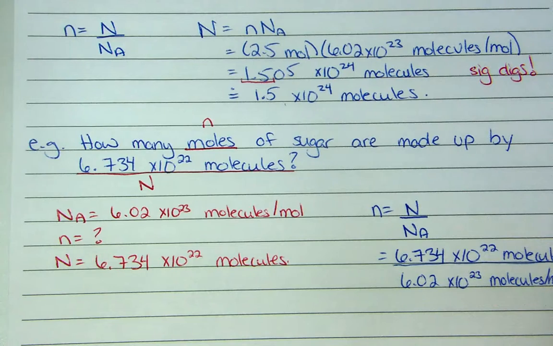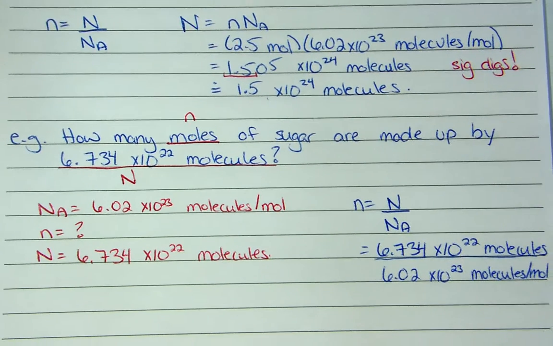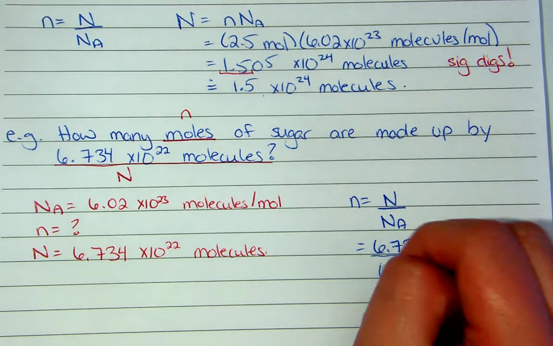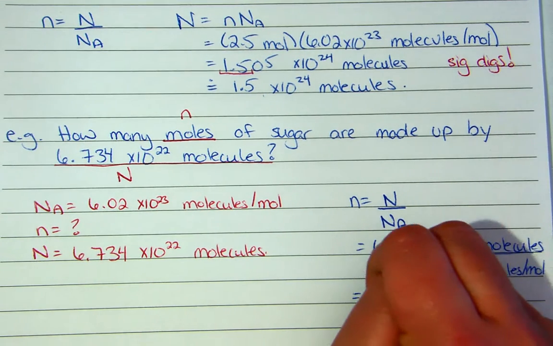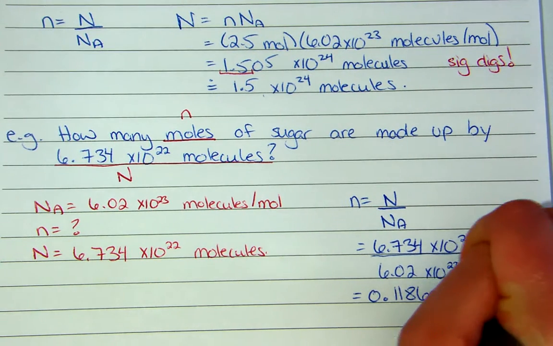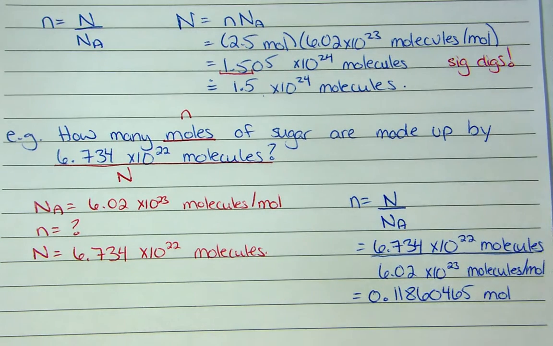Please note that, yes, I am putting my units in every step. If you had physics, I know sometimes they don't really require it there. I do want units carried through all the steps because we're going to have to start removing some. So what does this give us? It gives us 0.118604665 moles. That's a lot of significant digits.